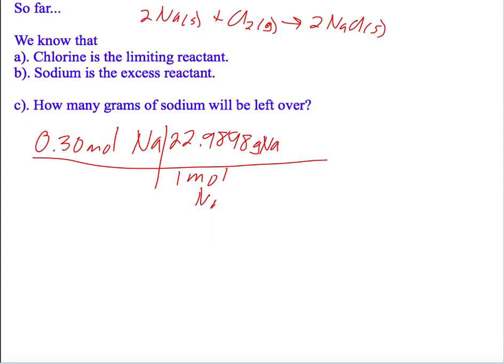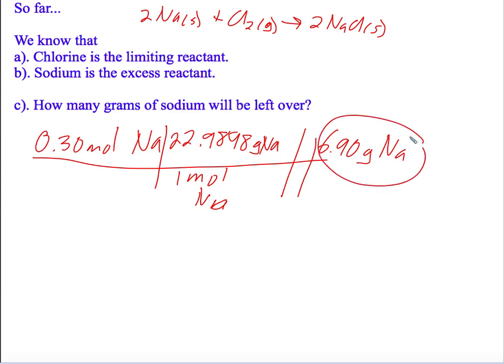And if I multiply those two out, I get an answer that should be 6.90 grams of sodium left. 6.90 goes there. Okay, so this is what we're working with. This is kind of how we're doing things.